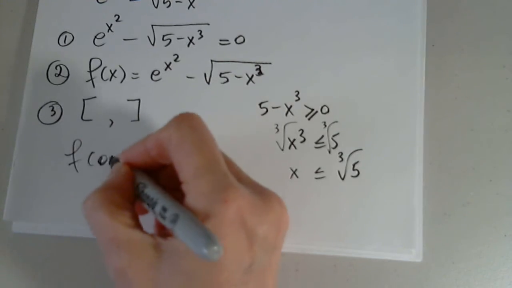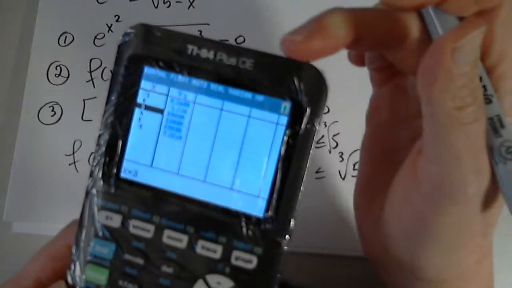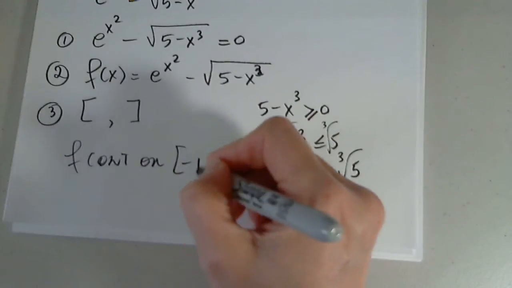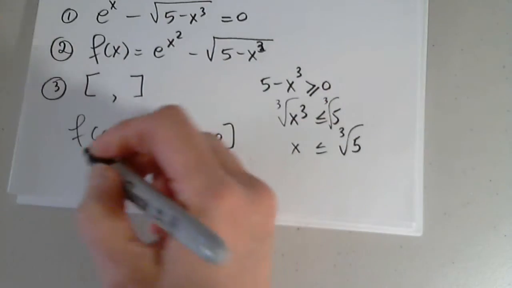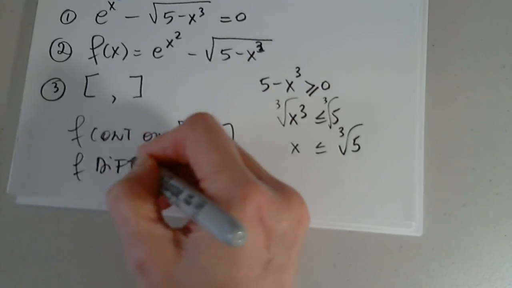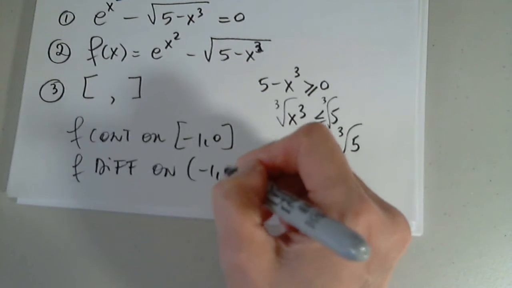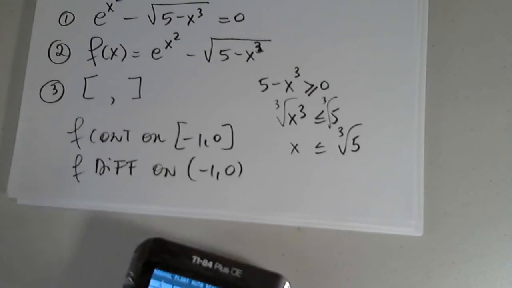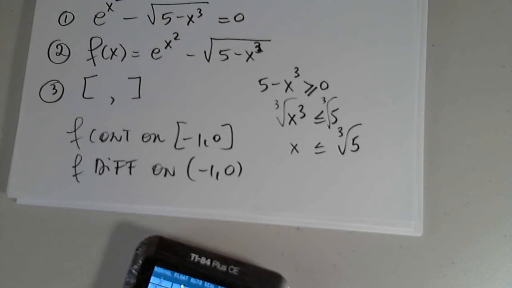So I see that f is continuous on the interval -1, 0. Also, f is differentiable on -1, 0. And then by the intermediate value theorem, there must be a solution.